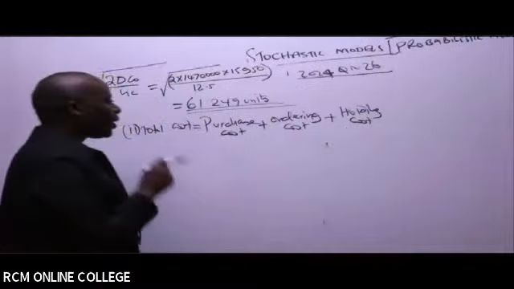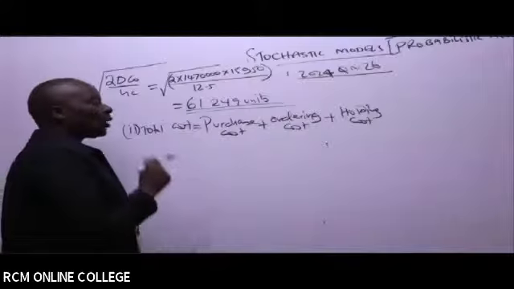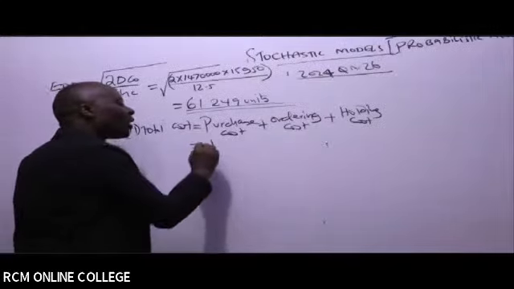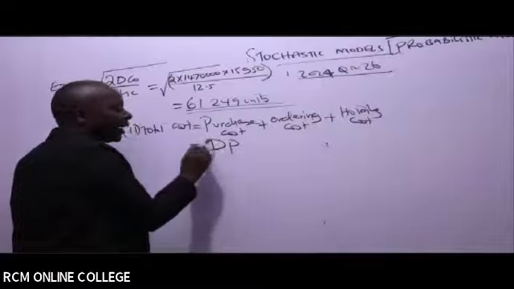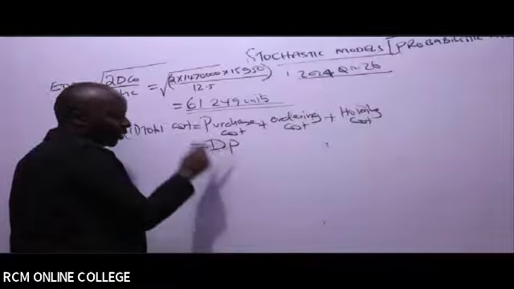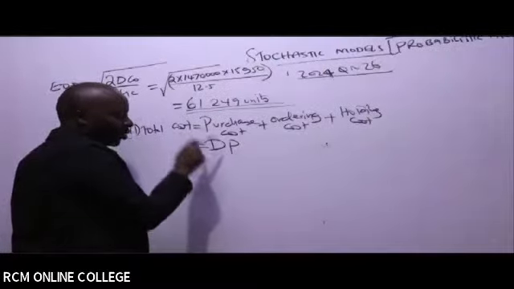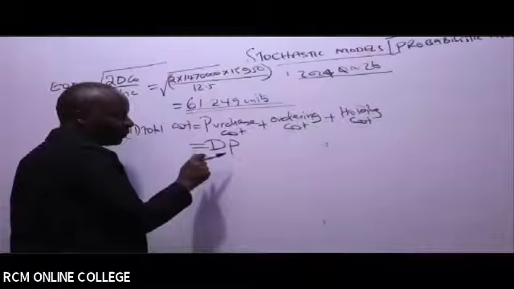For the purchase cost, we take DP: annual demand times purchase cost per unit.